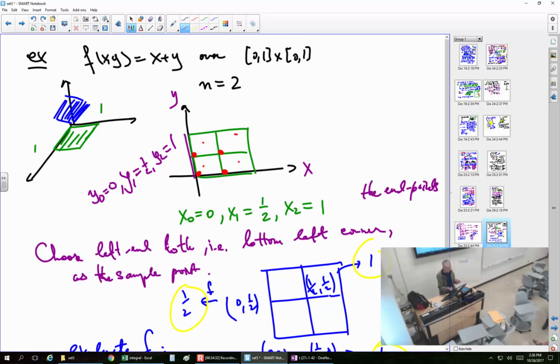It's a plane going at 45 degrees away from the origin. So like this. The green is the horizontal bottom.